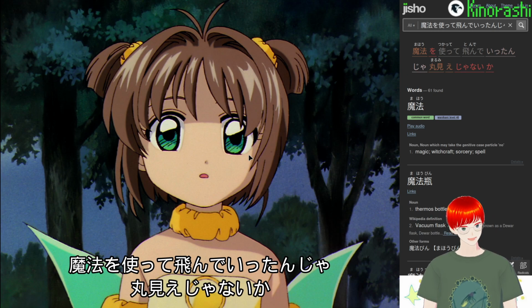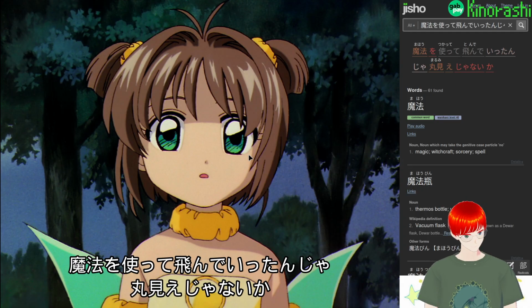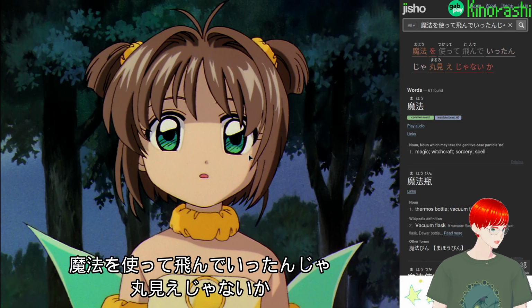To have gone flying, okay, to fly away. So tobu is fly, iku indicates movement away from the speaker. Oh, okay, so I think she's saying use flying magic to fly away from me. So mahou tsukatte tonde ita. No, that's past tense though.